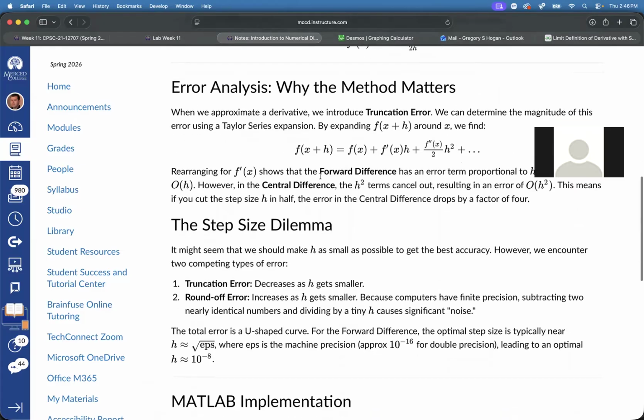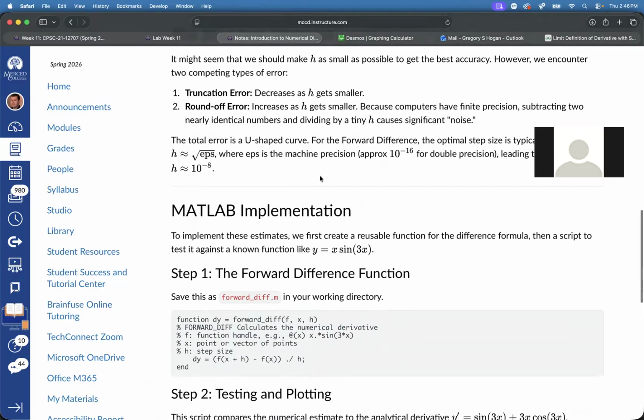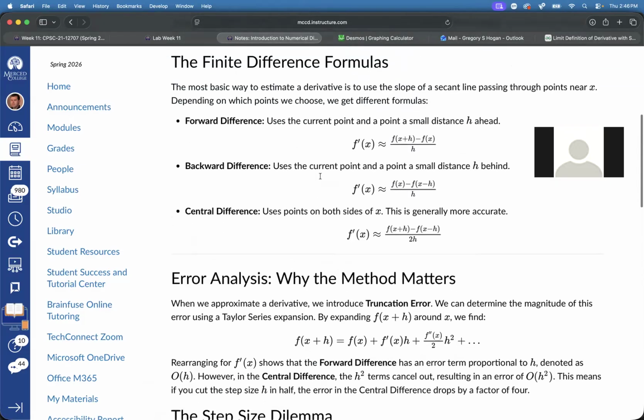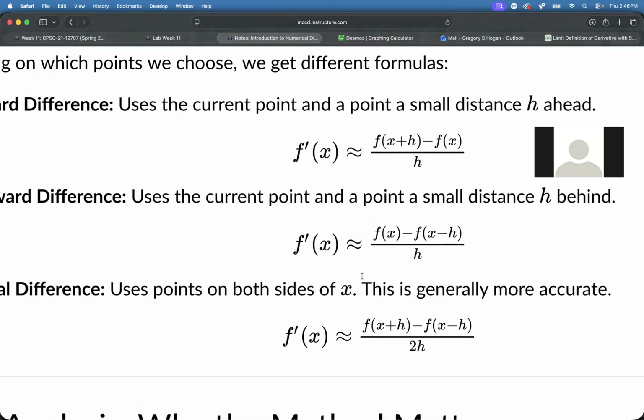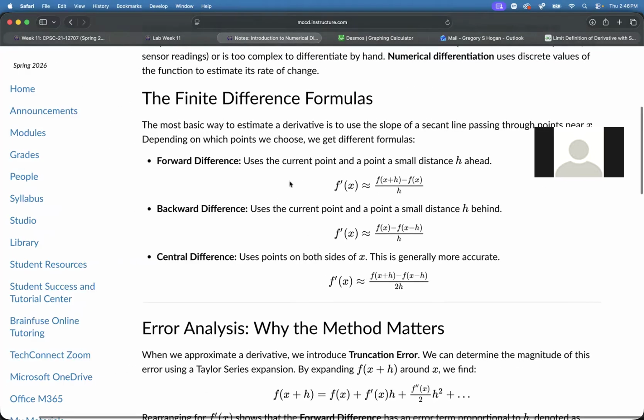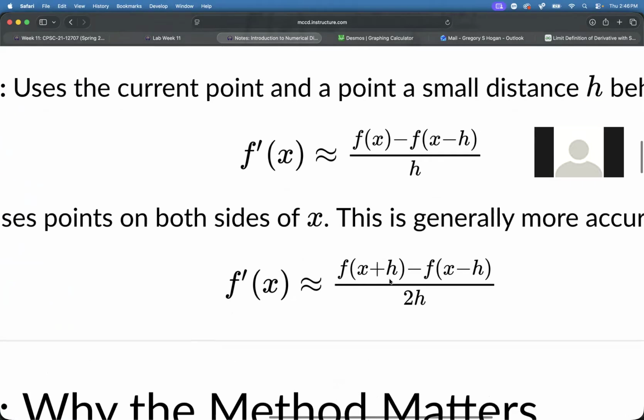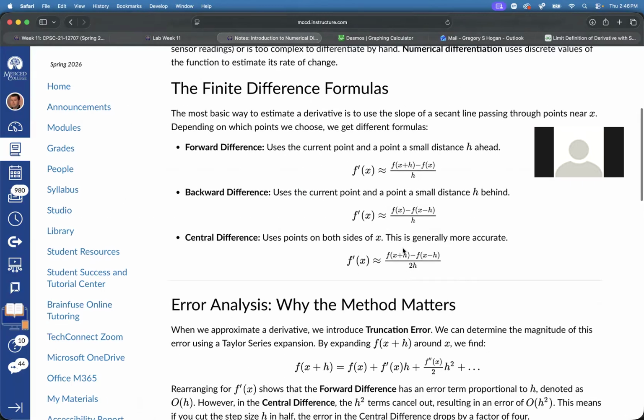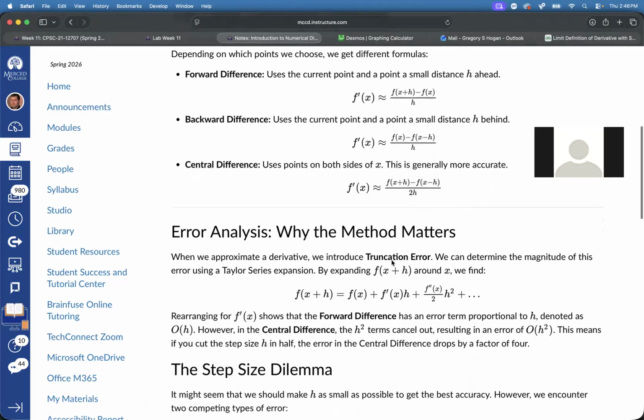But what we're going to do is you are going to test these other functions out. So we did the forward difference, but in the lab, not the homework, you'll do the backward difference, and you're going to do this called the central difference. All of these are approximations for the derivative, but you'll see that the central difference works out a little better.